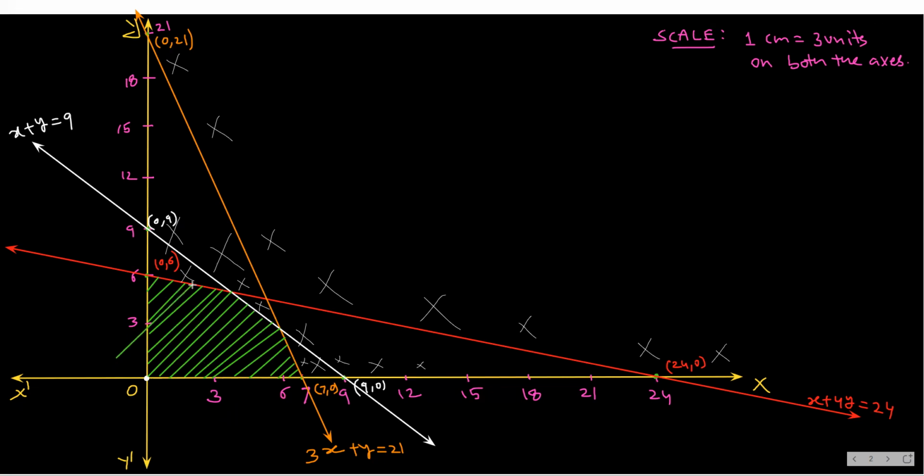X has to be positive. I'm going to the second quadrant, so I have to remain here. So you can understand, students, that this shaded portion is the common solution set, or the feasible solution set.